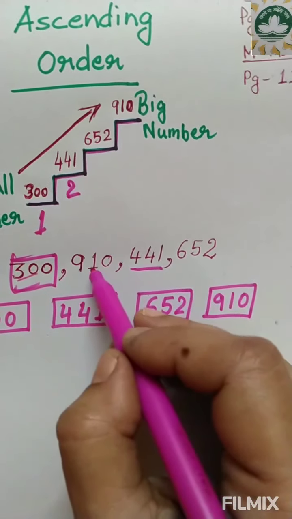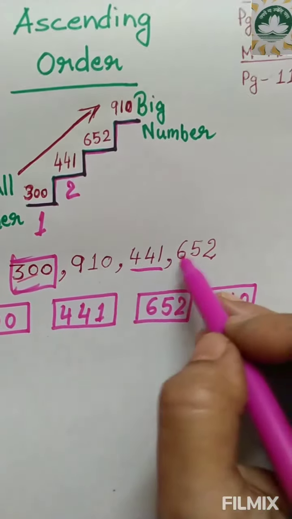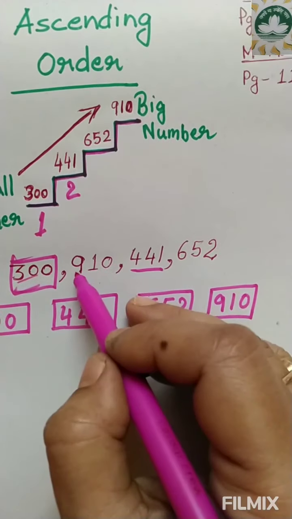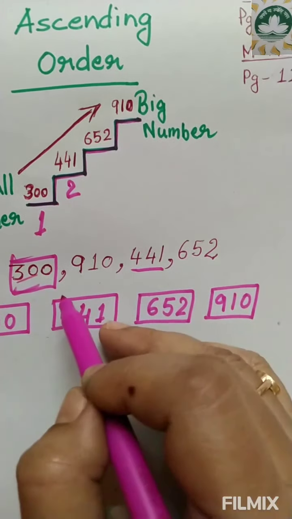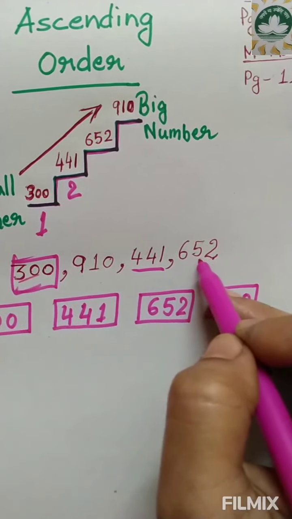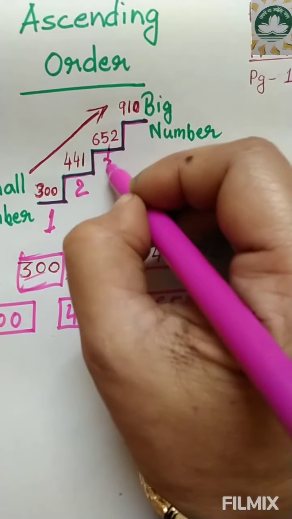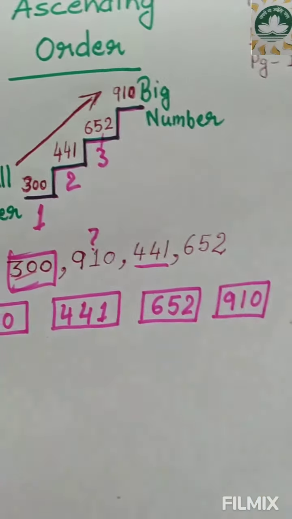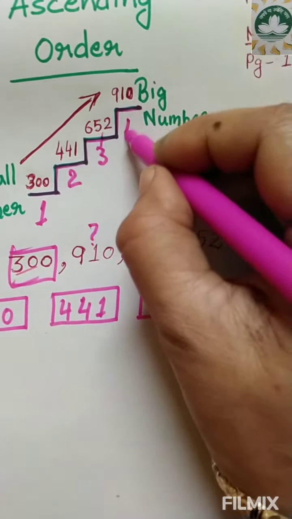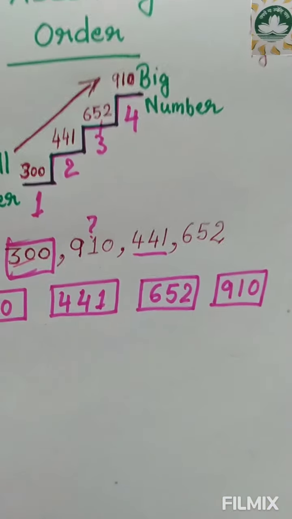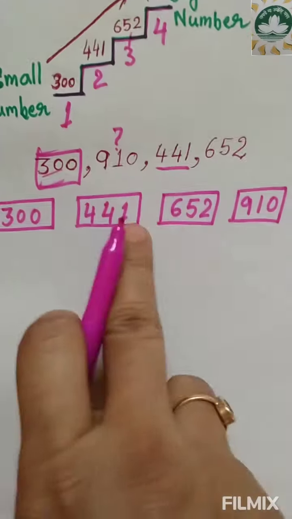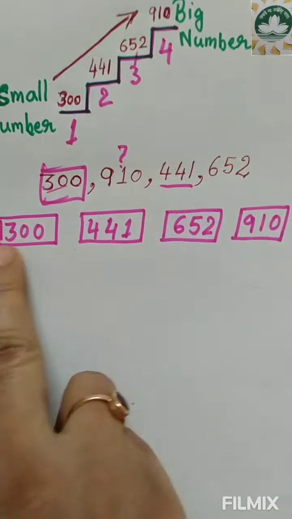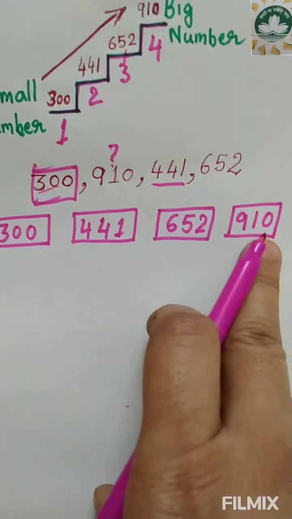Now we have 910 and 652. So 9 and 6, which is smaller number? 6. So 652 will be the third number. And the biggest number will be 910. So this will be written in the fourth place. Okay. So see, this is how I have arranged the numbers as per smaller to the bigger one.